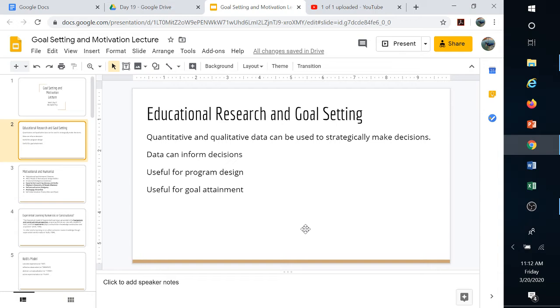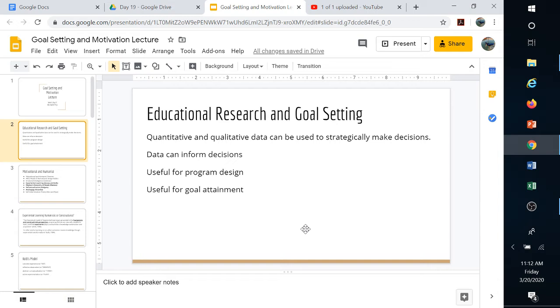So let's think of a fitness program. Let's just look at weight loss. This is a good example that most people can relate to. If I go in and I take my weight and I look at it, I'm making informed decisions. So I know, based on what most experts in the field, what most normative data tells me, let's just say I'm overweight. I could shed a couple pounds.